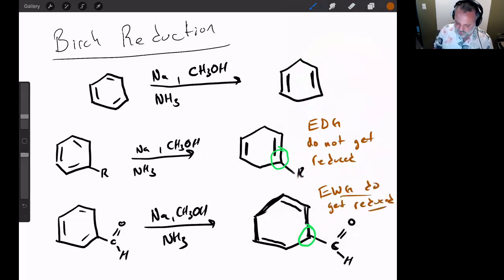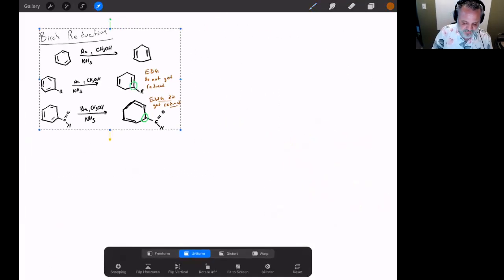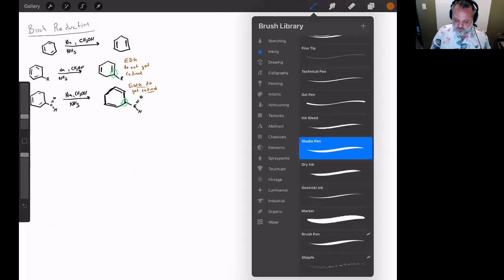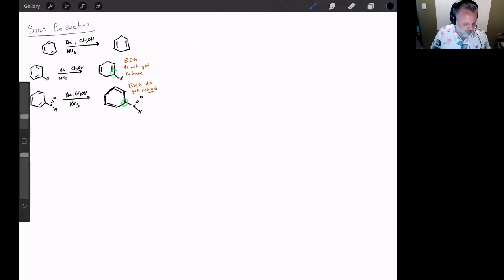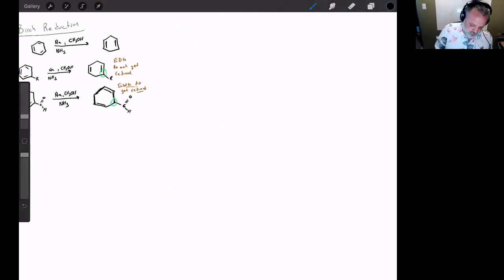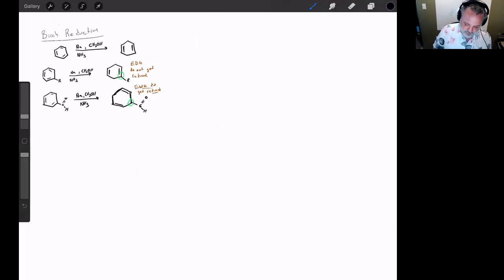And again, I mean the carbons next to the electron withdrawing group or the electron donating group, respectively. So what that means is that you have to have those things in mind when you're doing a problem that involves a Birch reduction. So let's do a quick example where I have both electron donating groups and electron withdrawing groups.